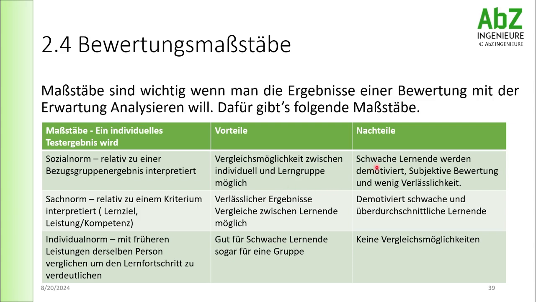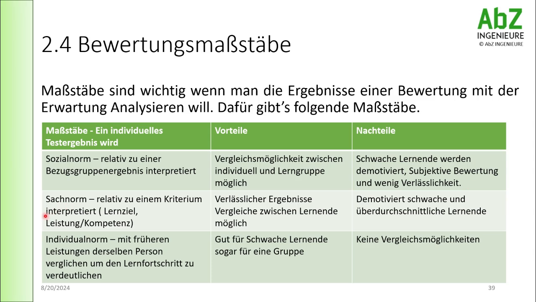The disadvantages are weaker students will get demotivated, and this is a subjective Bewertung. It means you are going to assess the student based on the group. If you have 10 idiots in the class, then this is the least idiot and that's the best idiot. If you have 10 good students in the class, then that's the best student and this is the weakest student. So this is Sozialnorm.